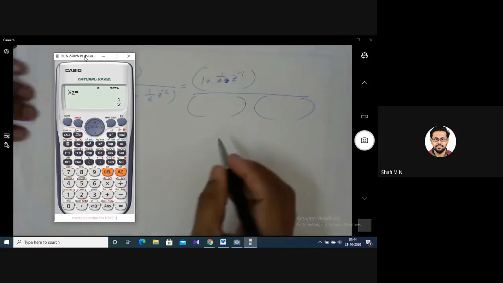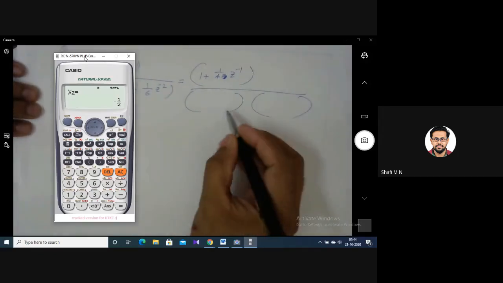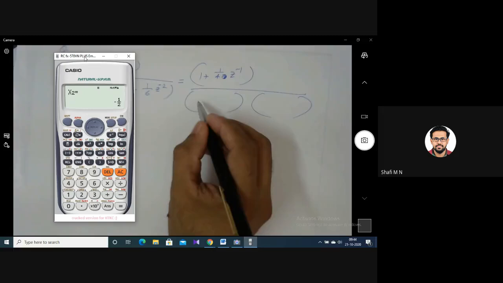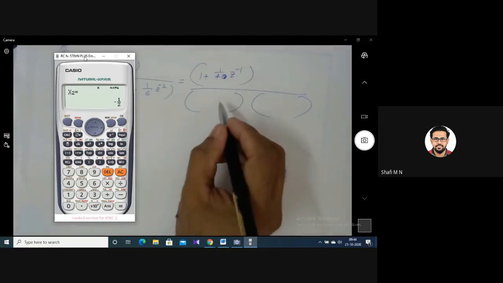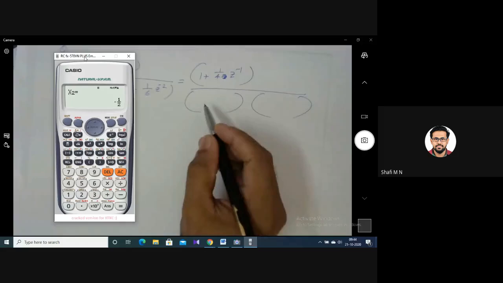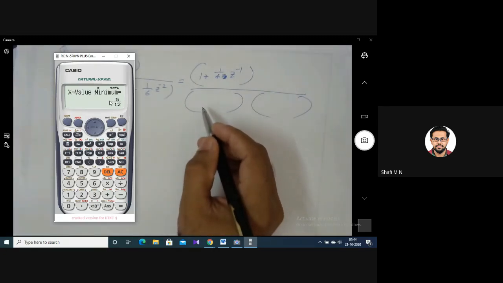So someone please tell me, say roll number 38. Roll number 38, just tell me what is this. I have given you the solution. Use the calculator. One solution is minus 1 by 2 and the other solution is minus 1 by 3. See, x2 is minus 1 by 2. The x1 is minus 1 by 3.